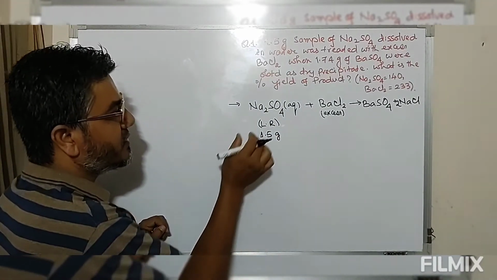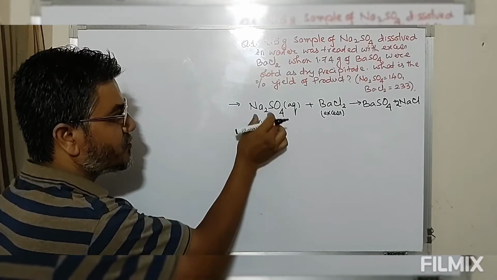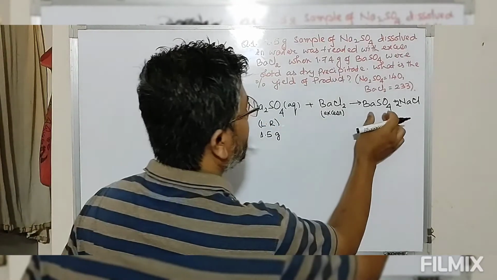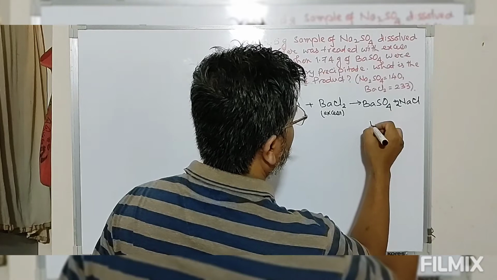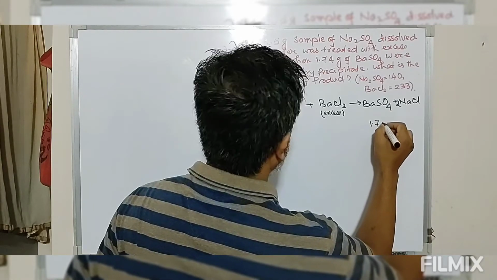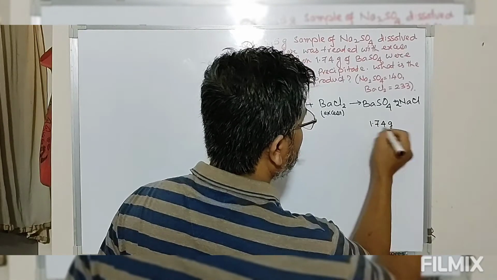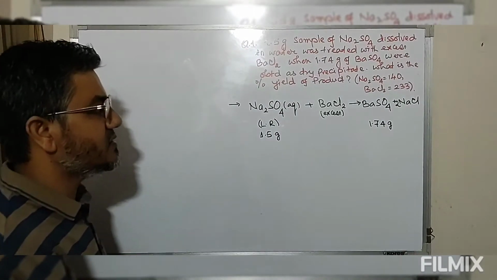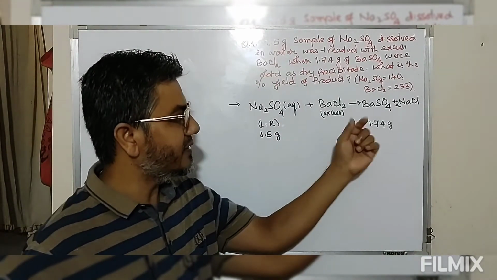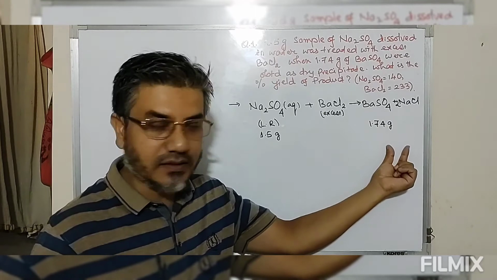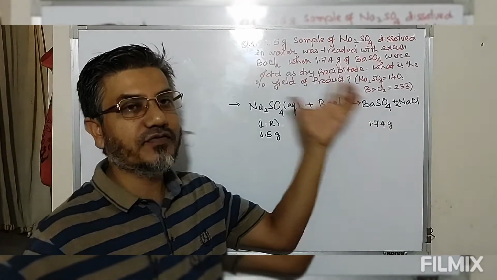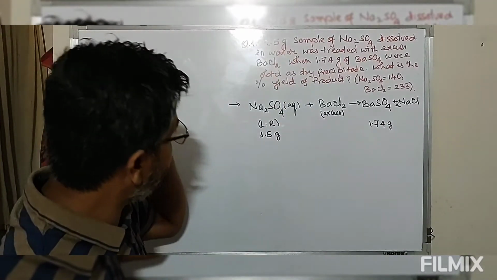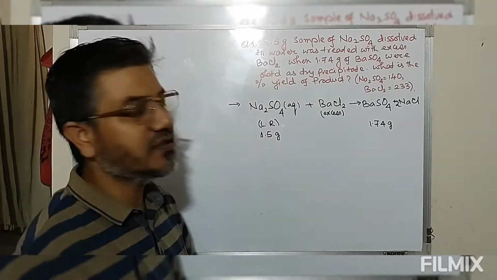So when we start the reaction with 1.5 gram of sodium sulfate, the quantity of barium sulfate formed is 1.74 gram. So this 1.74 gram is the actual or the experimental yield of barium sulfate obtained. The question says, what is the percentage yield?